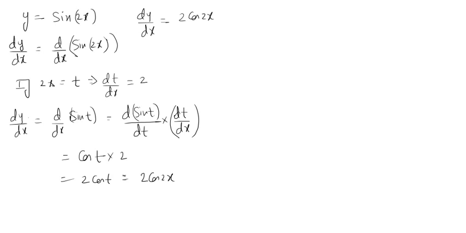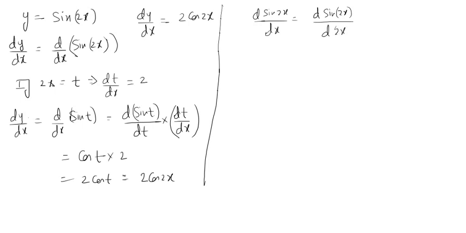So what I am doing, I am first differentiating sine 2x with respect to 2x. This can also be understood like this: d sine 2x by dx can be written as d sine 2x upon d of 2x into d of 2x by dx.